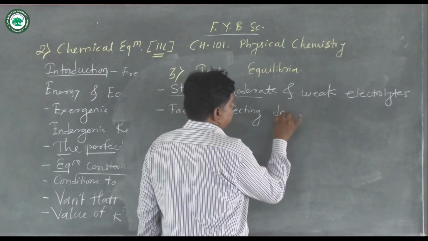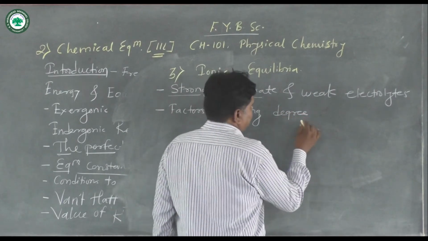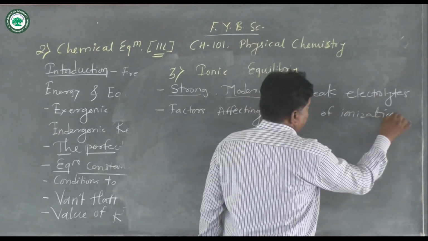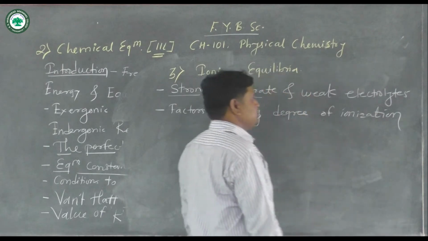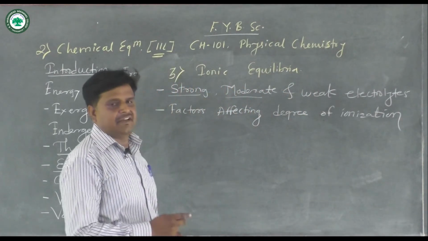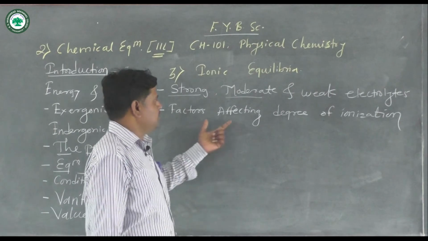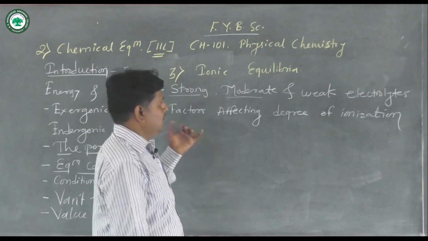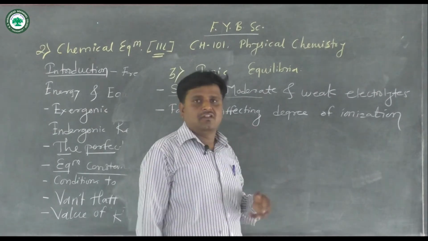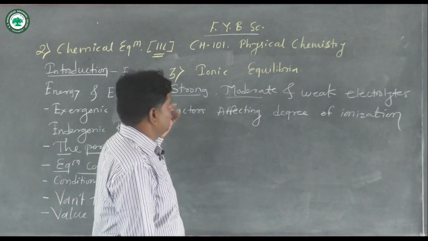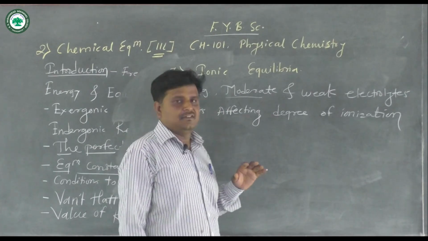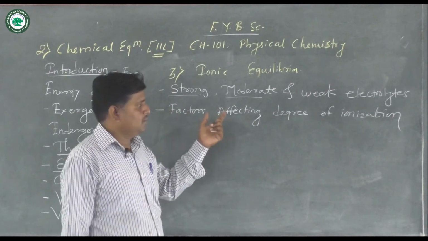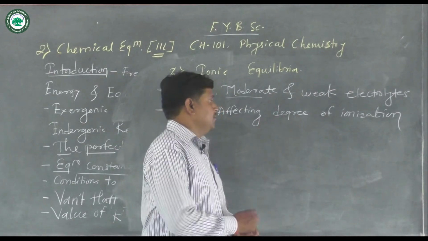Many factors can affect the degree of ionization, the extent of ionization, and what conditions are required for total ionization or for making a strong electrolyte. Some factors are given in this point.